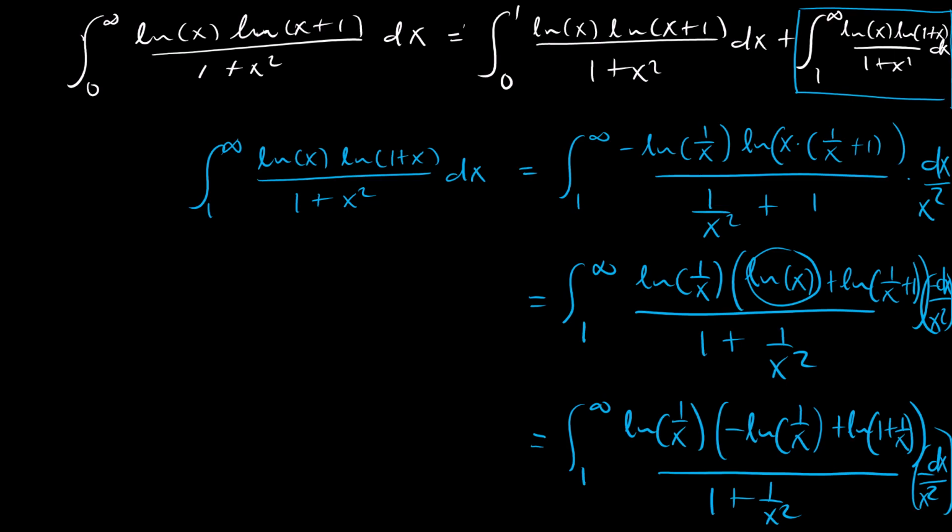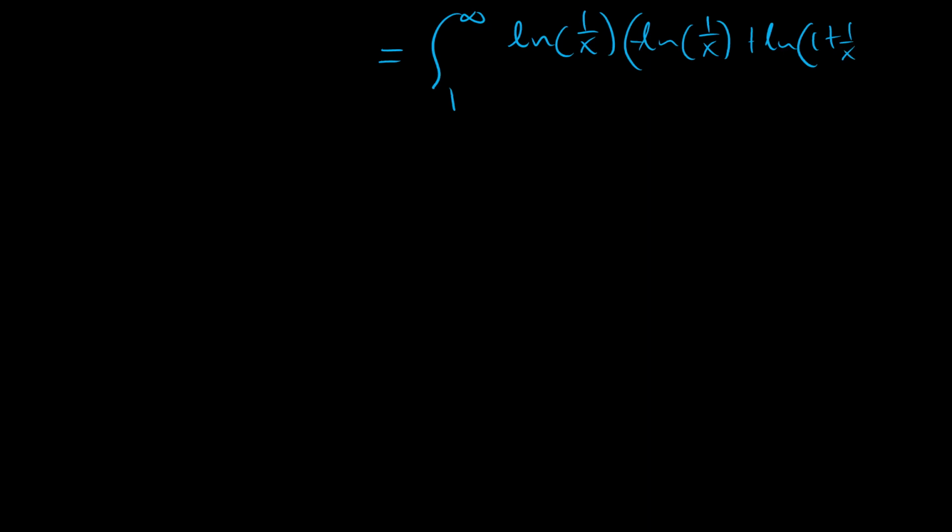So I think we've come to a good point. Let me just rewrite this. 1 to infinity, 1 over x, negative 1 over x plus 1 plus 1 over x over 1 plus 1 over x squared.